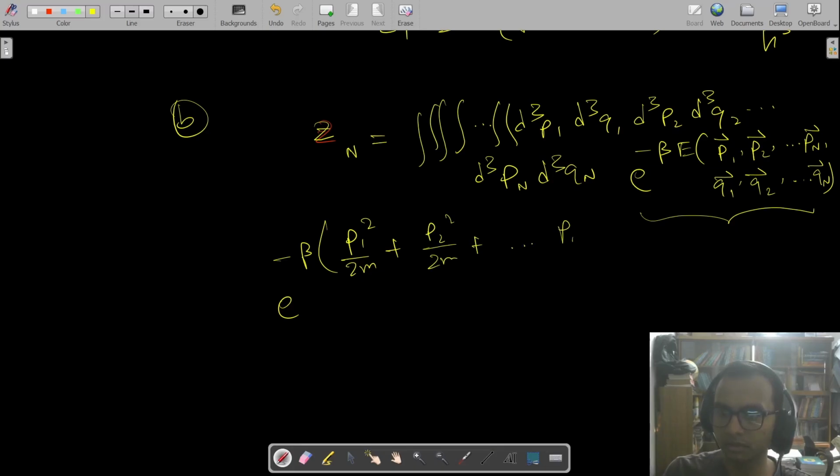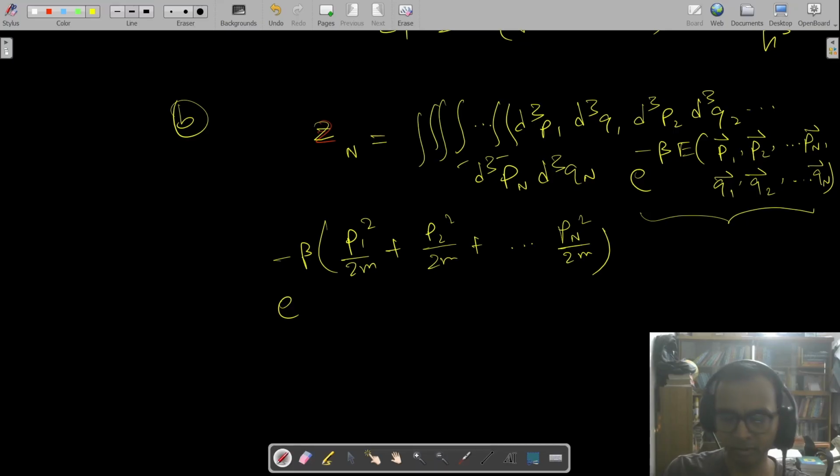This continues, and notice these integrals do not depend on each other.